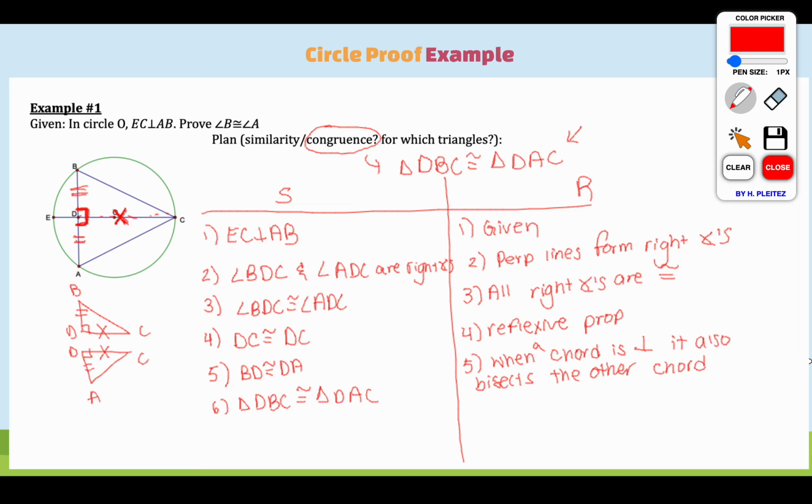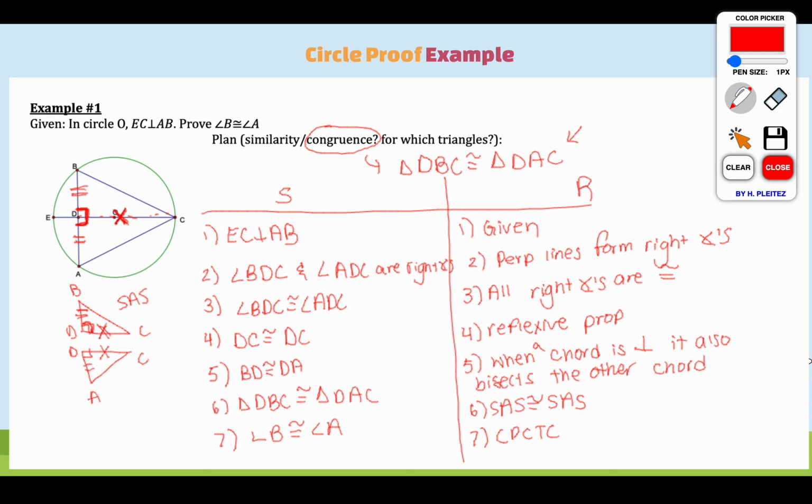Separately, you can really see we have side, angle, side: two congruent sides, and that congruent angle is right in between for both triangles. Then after we prove triangle congruence, we want to use CPCTC, and from CPCTC, we can say what we want to prove: angle B is congruent to angle A because of CPCTC.